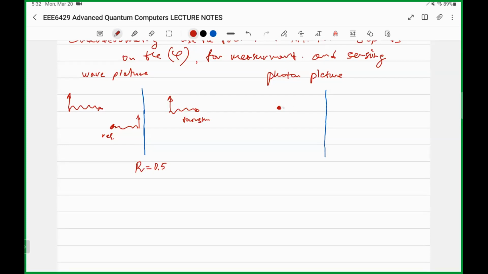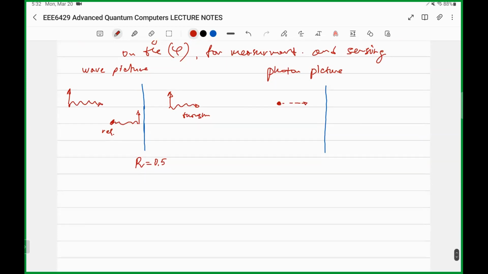So this light quantum comes to the surface, and what happens then? So this light quantum still has a probability of transfer through the surface, through this screen. And let's say this reflection or transmission coefficient also 0.5.